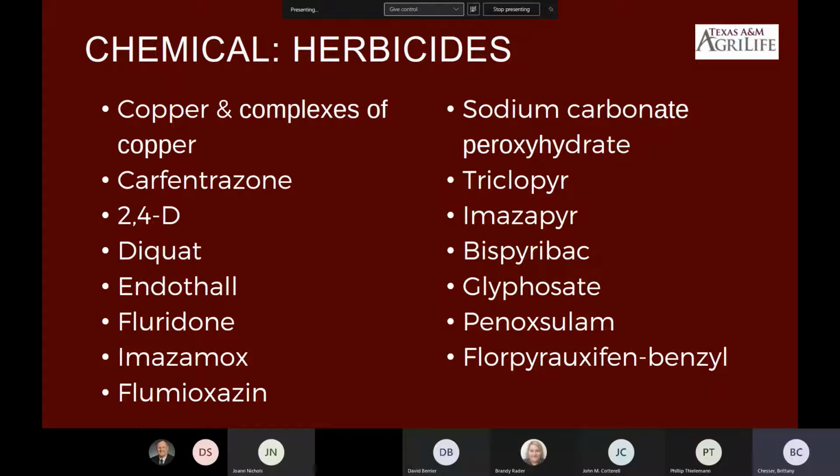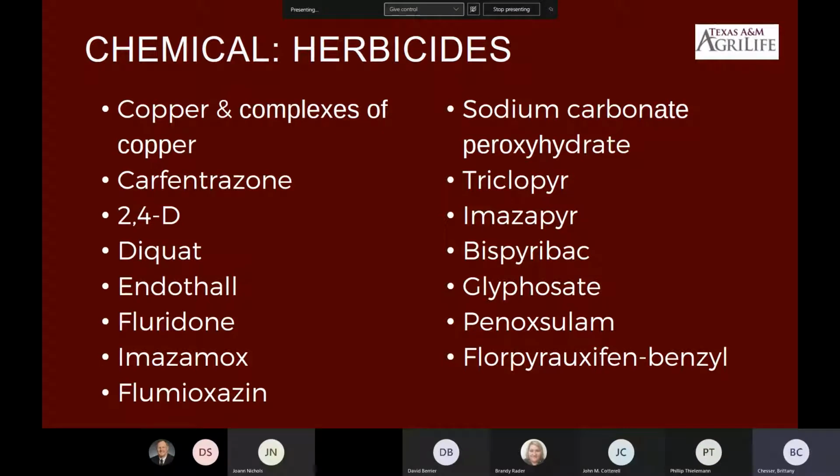Instead we have the sister or cousin of that, which is Rodeo. Rodeo has the active ingredient glyphosate and is labeled for aquatic use. So just keep that in mind when you're using some of these active ingredients that are used very commonly in terrestrial applications.